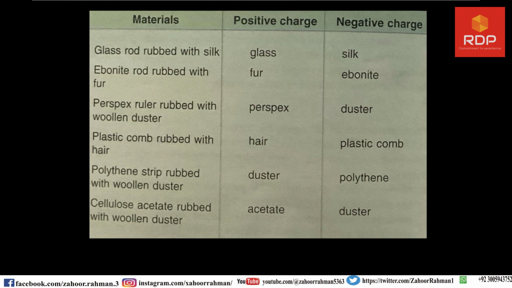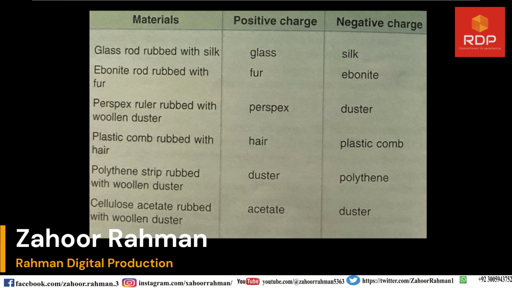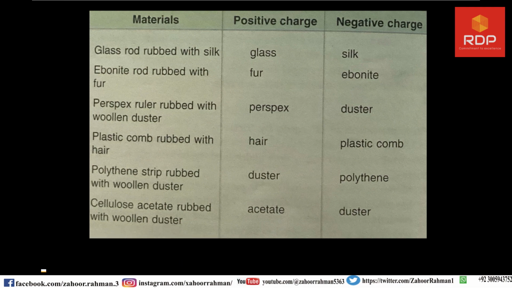When we rub a polythene strip with woolen duster, duster in this case will become positively charged and polythene will become negatively charged. Cellulose acetate rubbed with woolen duster, acetate will be positively charged and duster will be negatively charged.